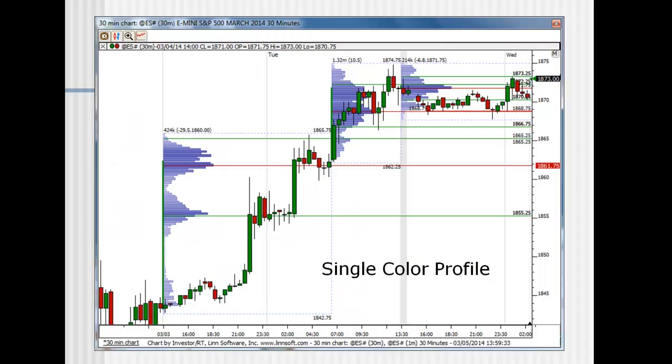this powerful tool. First of all, let me point out that there are many different options to display the profiles using the tool. We can have a single color profile, as we do in this slide. And in this case, the single color changes intensity based on the intensity of volume at the price level.